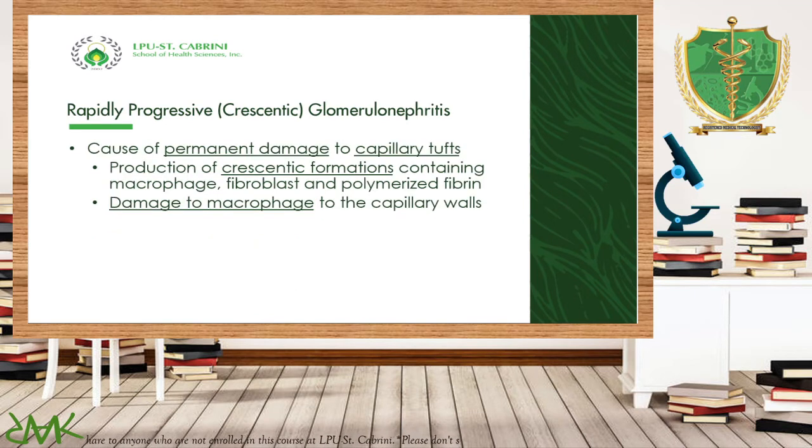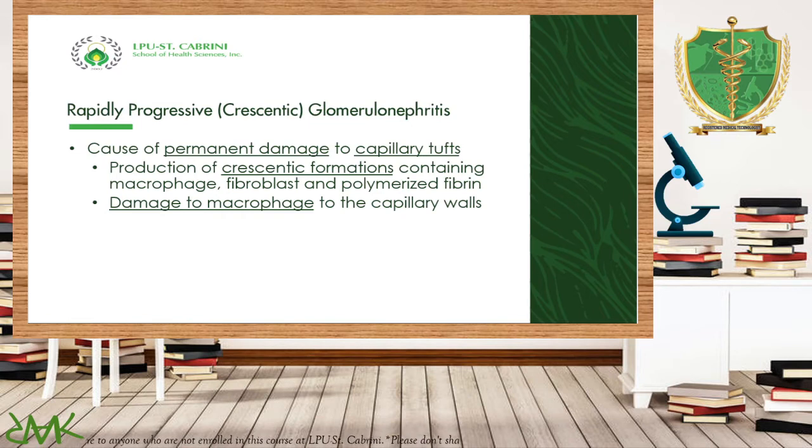Now, rapidly progressive glomerulonephritis causes permanent damage to the capillary tuft. Permanent damage to the capillary tuft may produce crescent formations containing macrophages. That's why we call it crescentic glomerulonephritis.